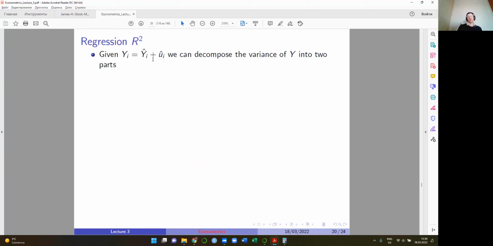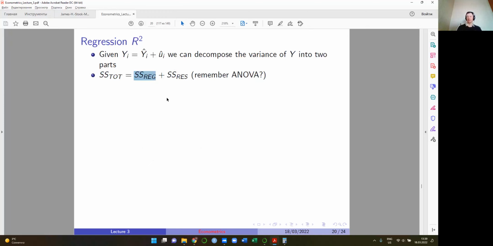Well, if we have this decomposition of y, we can decompose the variance of y also into two parts. So we can calculate the total sum of squares, and this total sum of squares is going to be divided into the regression sum of squares. Now it's not within and between, don't confuse these two things.